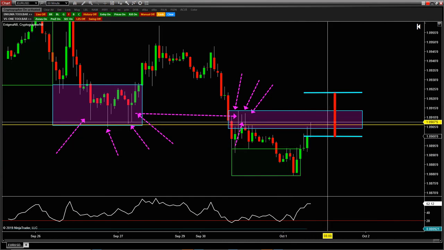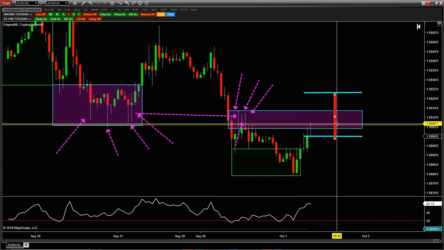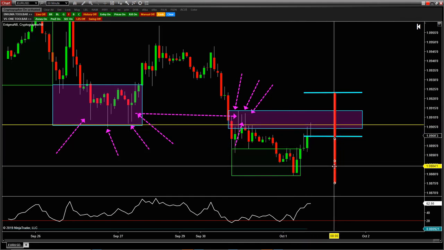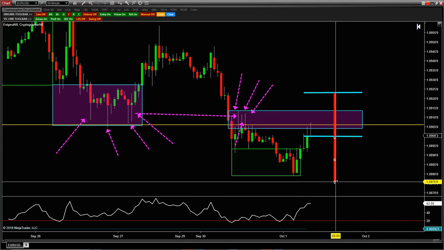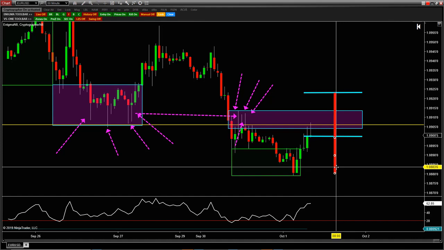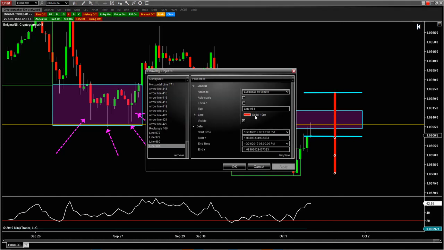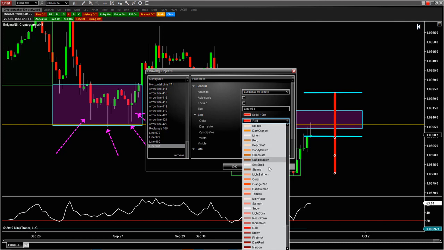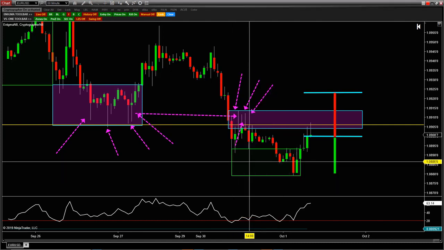If you are someone that is just shooting for a retest of the lows, a very conservative trend continuation trader, not a trend following trader, you're going to be looking at a risk reward that looks like this, and this is going to be less than a 1-to-1.